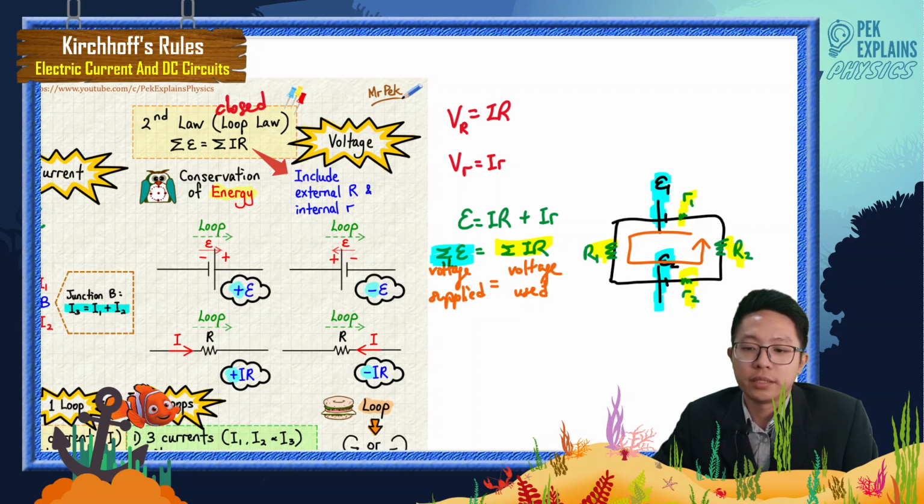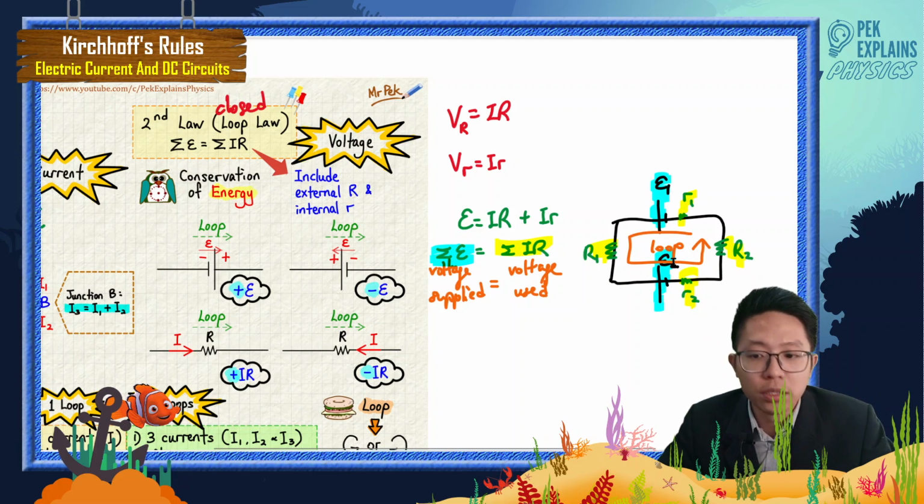This is called a loop. The voltage supplied by all the batteries must be equal to the voltage used by all the resistors. And these resistors include both the external resistors and also the internal resistors.